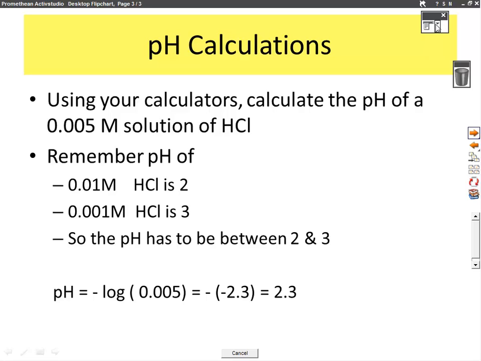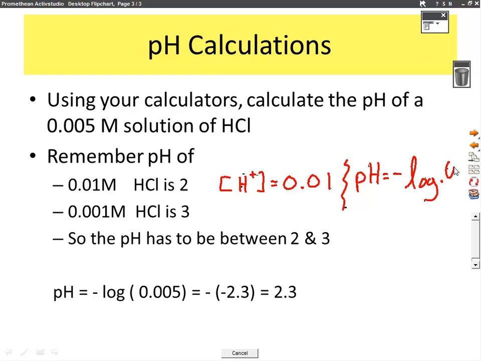If I have a 0.01 molarity hydrochloric acid, my concentration of H plus equals 0.01. If I want to take the pH of that, what I plug into my calculator is pH equals the negative log of 0.01. That's how I calculate that value in the calculator, and this number equals 2.